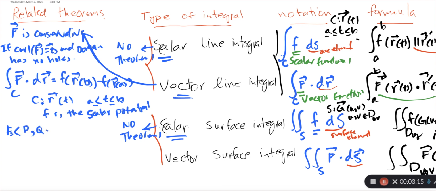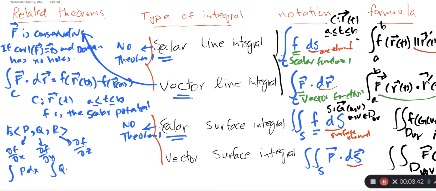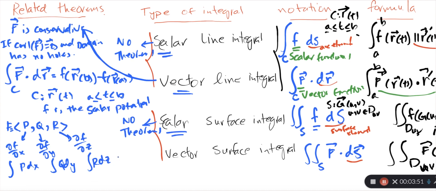If F is equal to this, basically the three components of F, remember that P is going to be the partial derivative with respect to x of f. This one is going to be the partial derivative with respect to y of f. This one is going to be the partial with respect to z of f. So if I do the antiderivative, if I do P dx, Q dy, and R dz, I should get all the terms in the f back basically.